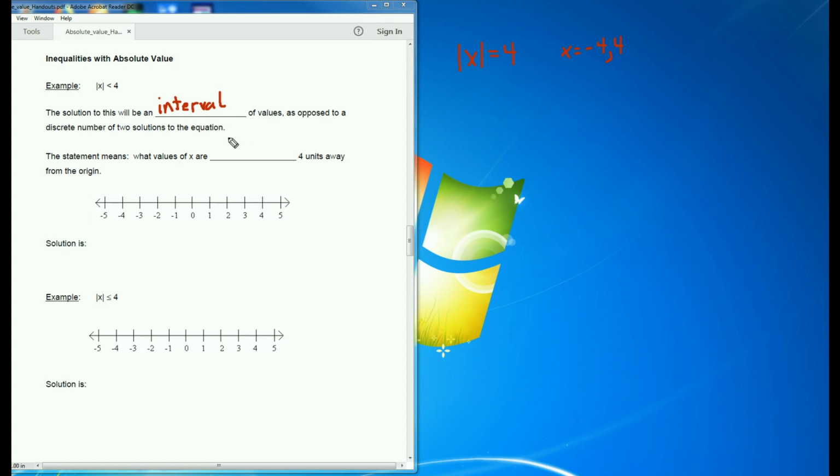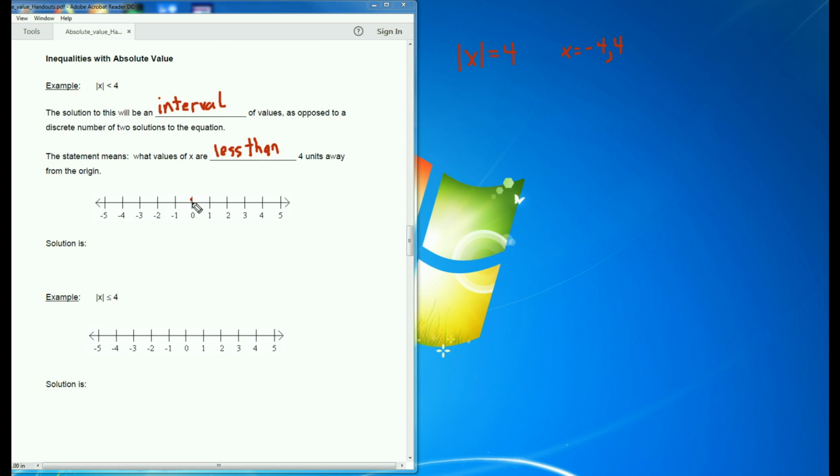And just keep in mind, what does a statement like this mean? It means what values of x are less than 4 units away from the origin on the number line.